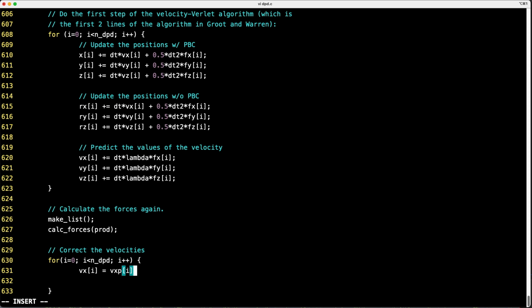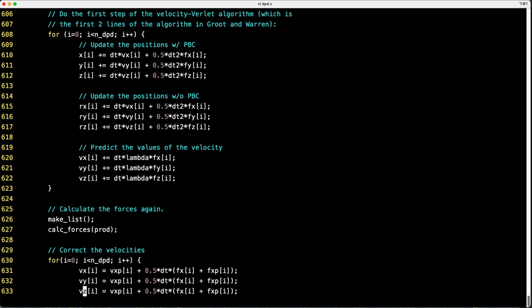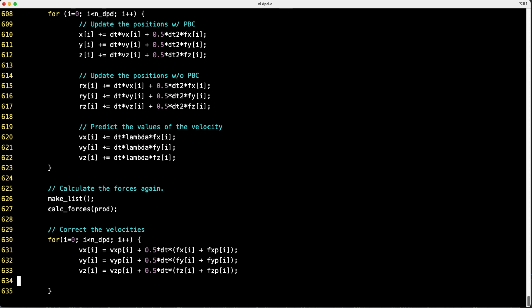So that's why we stored it, vxp, plus 1/2 times dt times, and the 1/2 is because we're calculating the average of these, times fxi plus fxp of i. So we're getting the average of those forces, and the same for y and z. Okay, so we've done that.